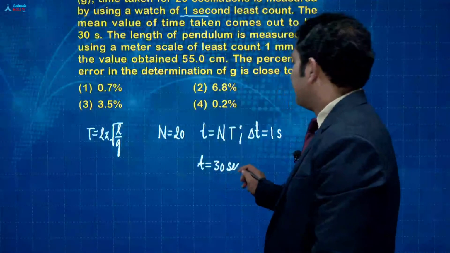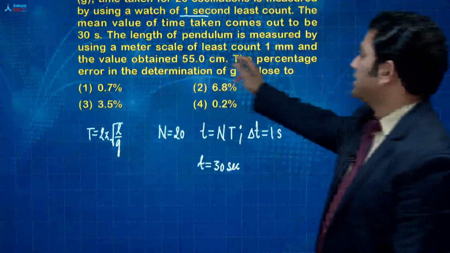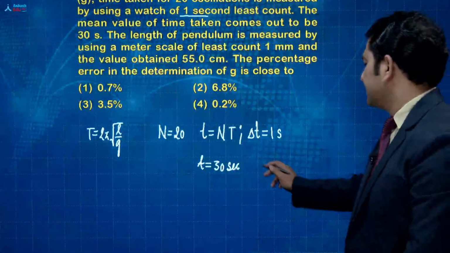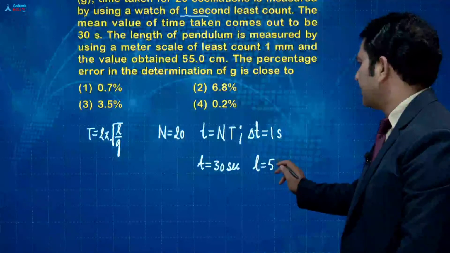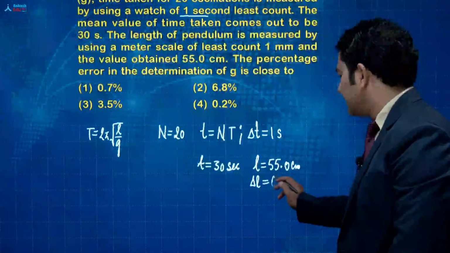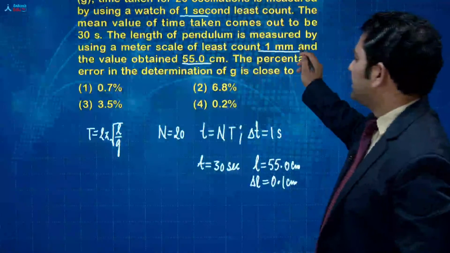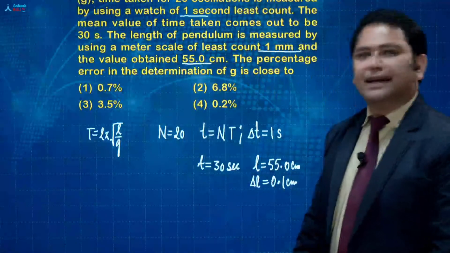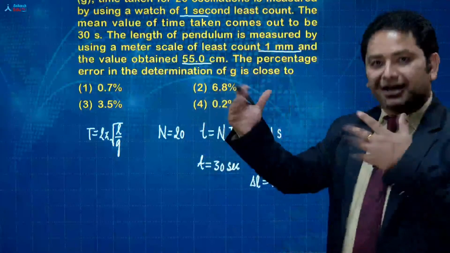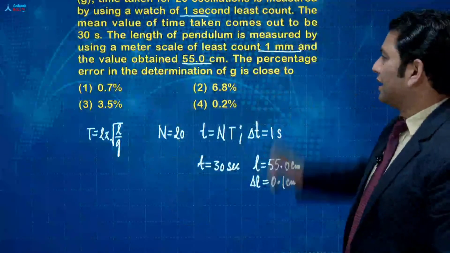The length of the pendulum is measured by using a meter scale of least count 1 millimeter and the value obtained is this much. यानी length की जो value है that's 55.0 centimeter और delta L that is 0.1 centimeter. वैसे just by reading अगर ये information नहीं दी जाती तब भी we could easily guess the least count. We discussed it previously, right? But examiner दयावान है इस बार. The examiner is kind enough, generous enough. Least count is 1 millimeter.